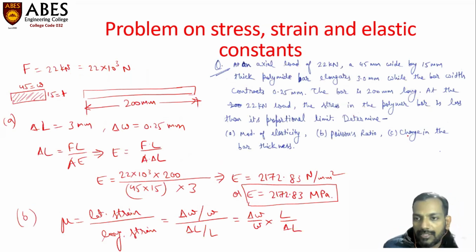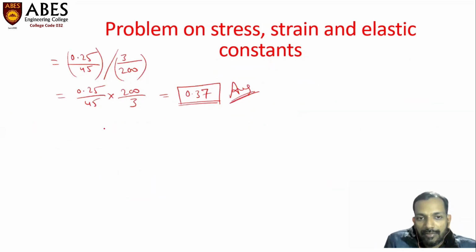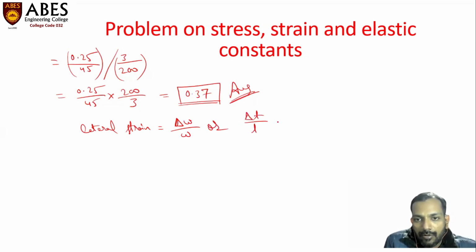Now let's see what is the part C, change in bar thickness. We already discussed in our previous lectures that lateral strain can be defined as change in width upon original width or change in thickness upon original thickness. These two ratios will be the same. Both of these values define lateral strain. It means that change in width upon original width is equal to change in thickness upon original thickness.